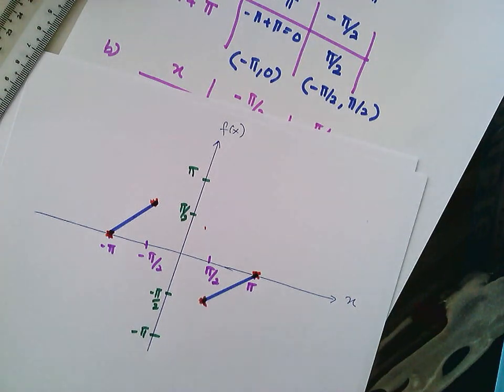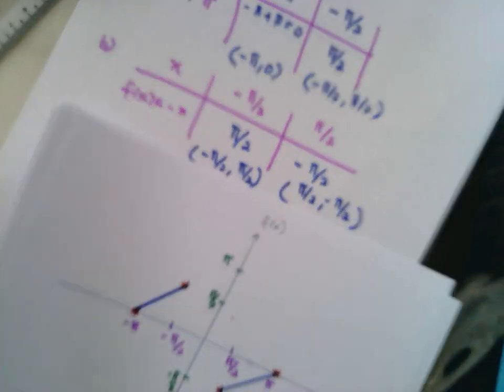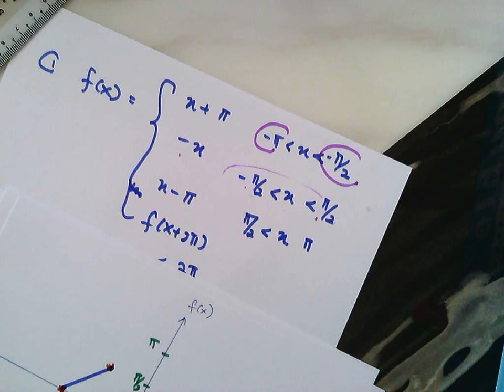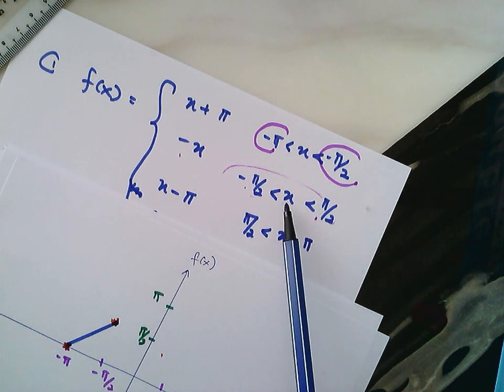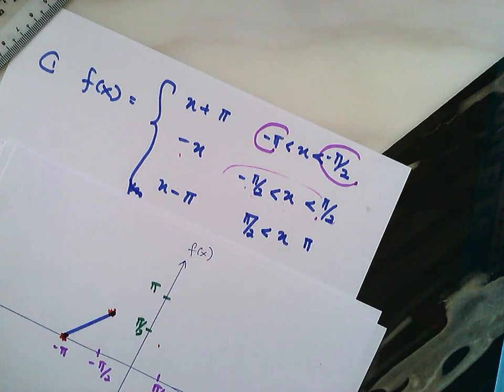As you can see, based on your range here, where is the value of x equal to 0? It is here, isn't it? Here the value of x is negative pi over 2, pi over 2.